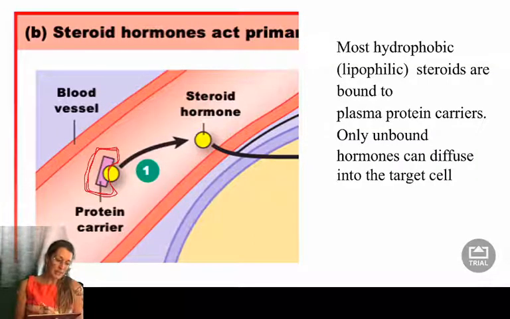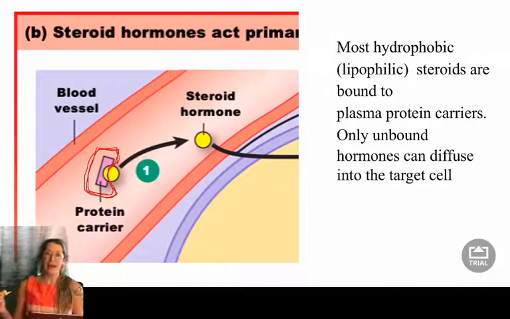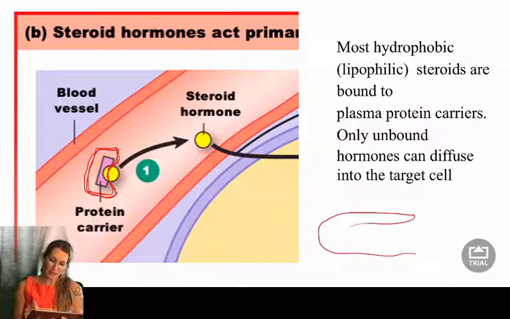That protein carrier carries the steroid in the blood wherever it needs to go, and you can think of it as kind of protecting it. In previous lectures, we showed this as the steroid in the middle with the carrier wrapped around it.